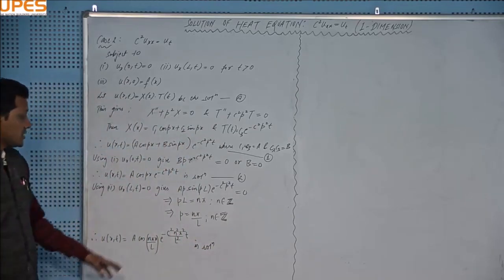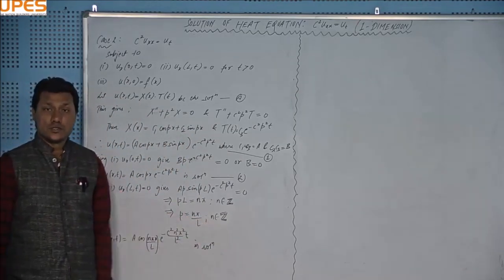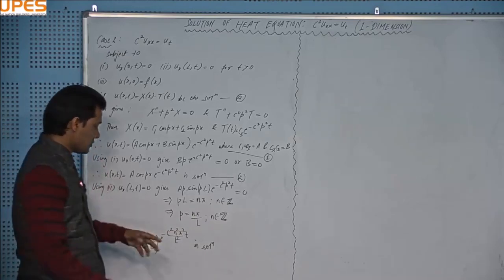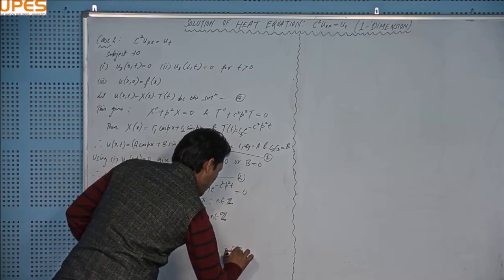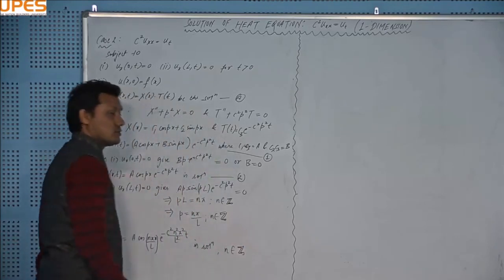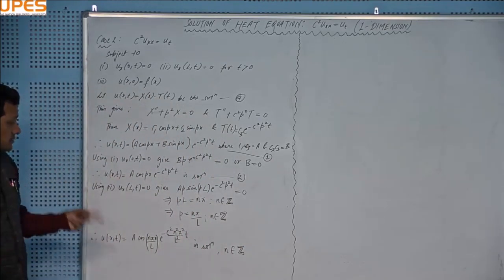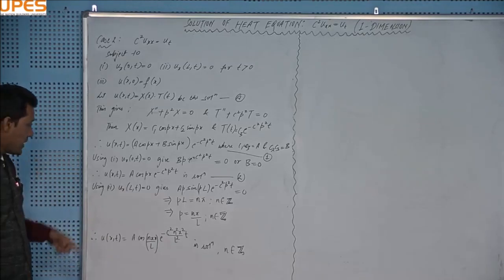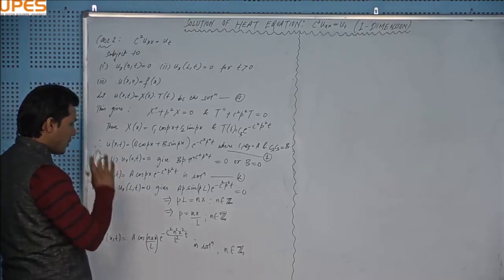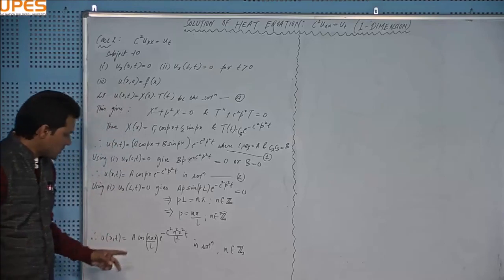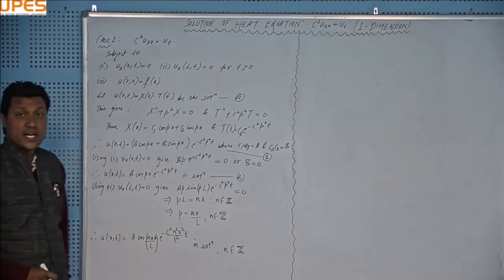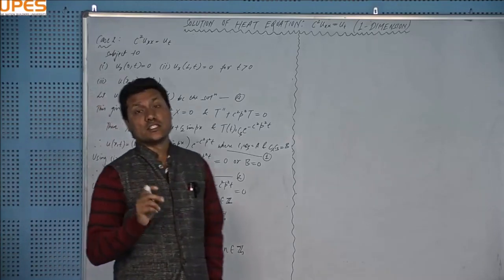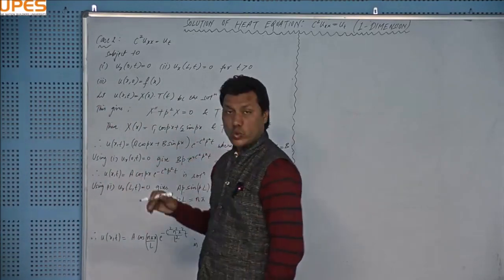And you know that these n are integers, right? So I should write here n is an integer. Let me write a summation here, or first I should investigate the case for n equal to 0, because earlier we have seen that the n equal to 0 case is rejected, because that gives a 0 solution.